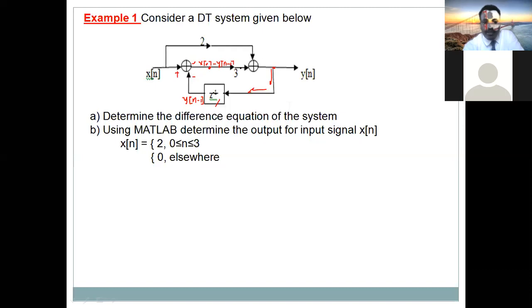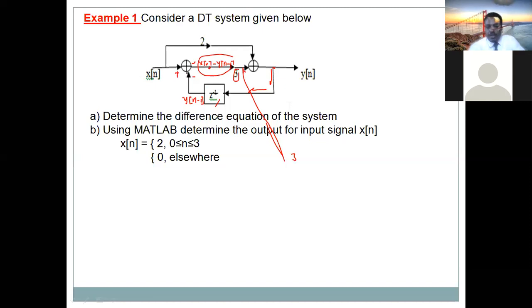Then we have another circuit element here, a multiplier. Multiply this signal by how much? By 3. So what is the signal at this point? After the multiplier, it will be 3 times what is the incoming signal? This one. One signal comes from the output side, one signal from our input.